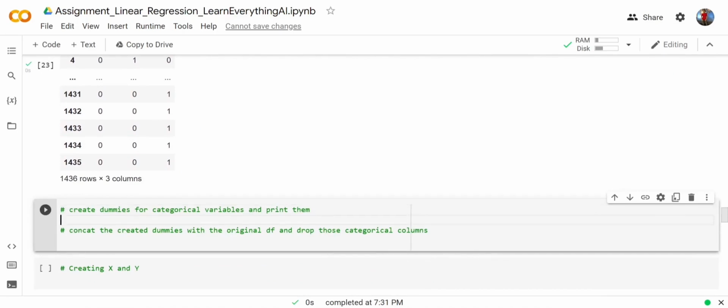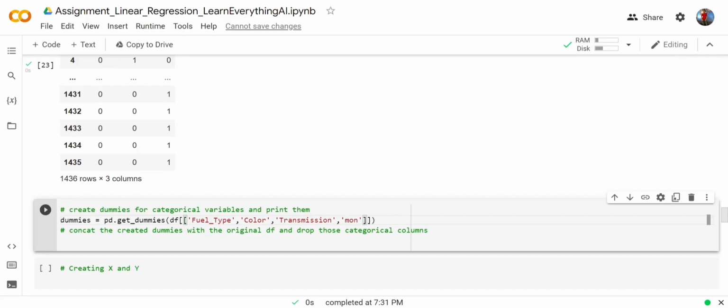Now suppose we want to create dummies for categorical variables and print them. We store it in a variable called dummies, and then we say pd.get_dummies. Then we do it for the color as well, because color also proves to be a good information criterion.